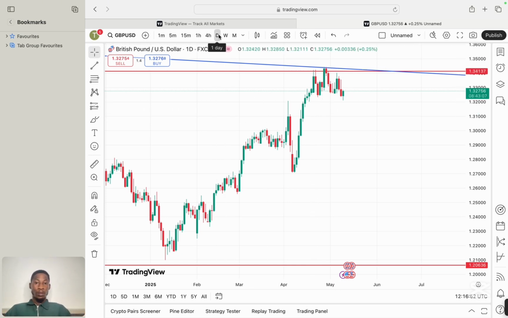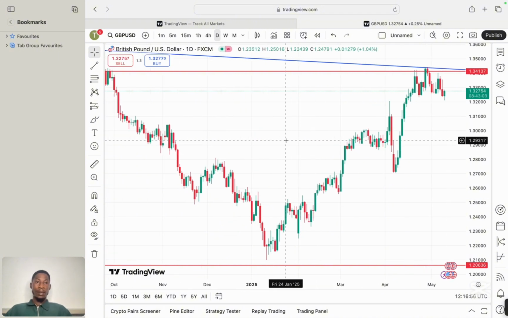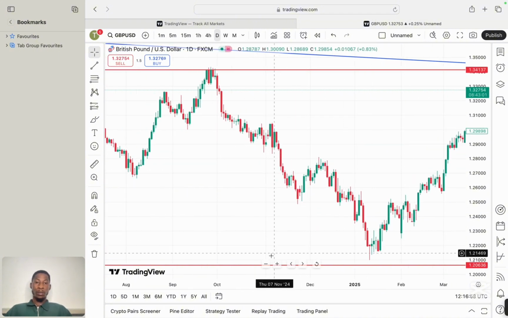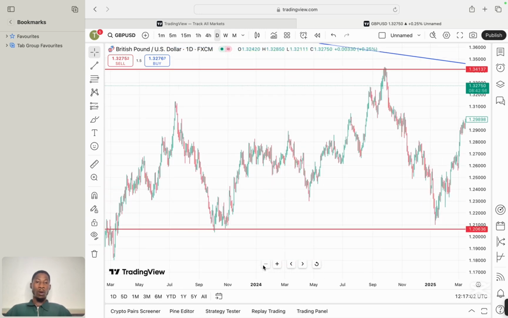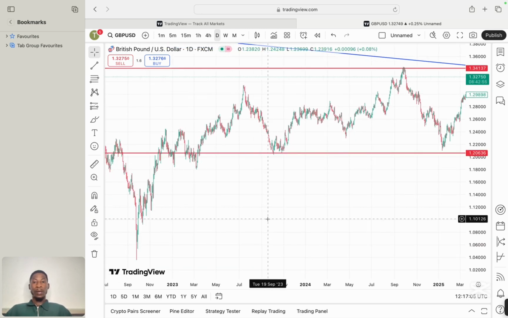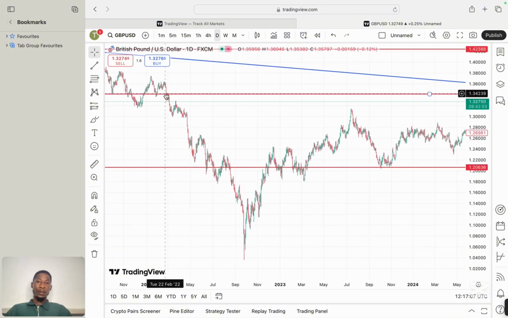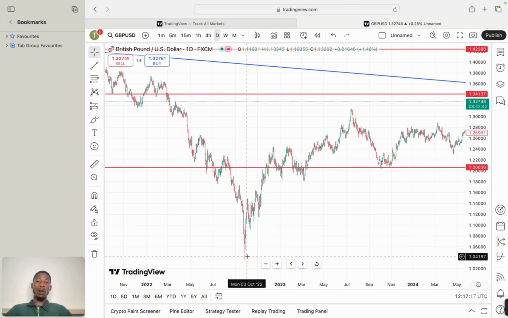As you can see, from this point the market was making lower lows. See, the market was making lower lows, but it made a recent low here. It made a lower low here that wasn't broken. This lower low has not been broken. So what does this mean?